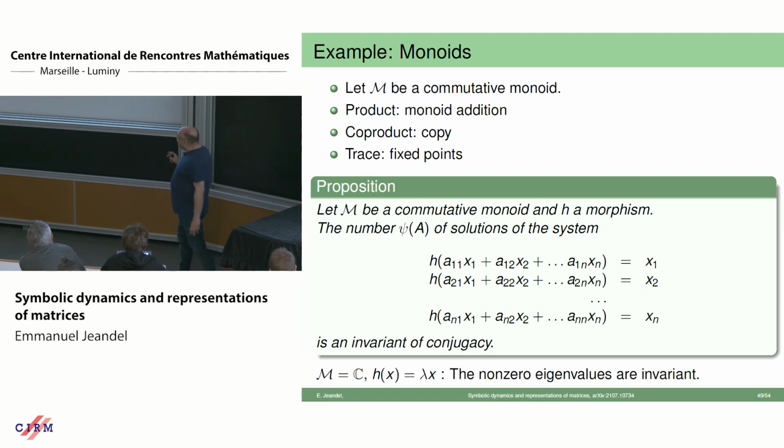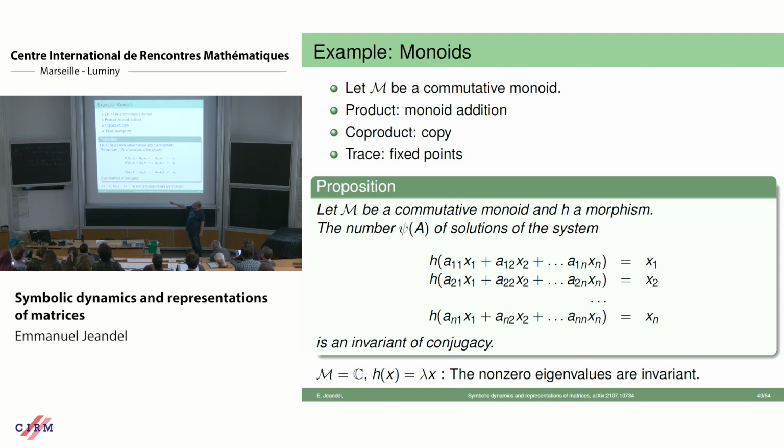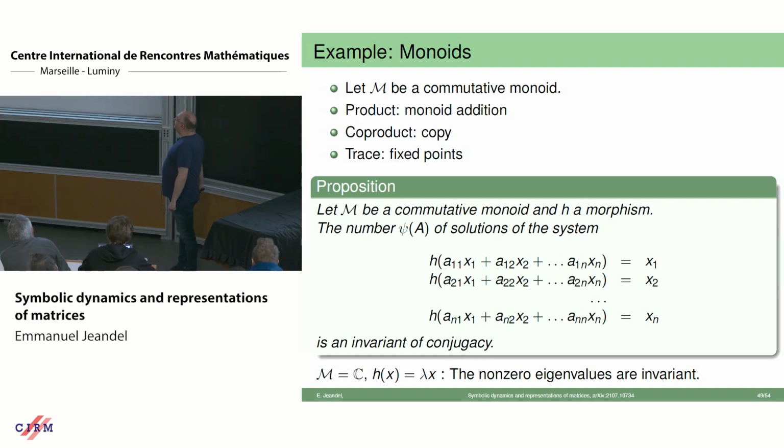So, for instance, in the easy case, if you take H to be the morphism over the complex numbers seen as an additive monoid, which is just multiplication by lambda, it means that the existence of lambda being an eigenvalue is an invariant. Okay? So it's not Mx = lambda x, it's lambda Mx = x, which is why it doesn't say anything for lambda equals 0, because lambda is not in the good position.